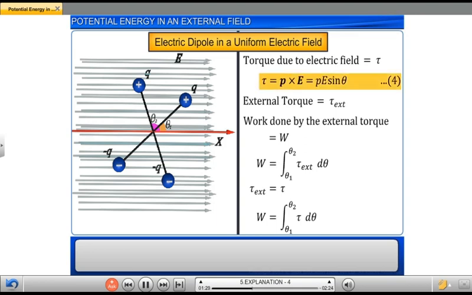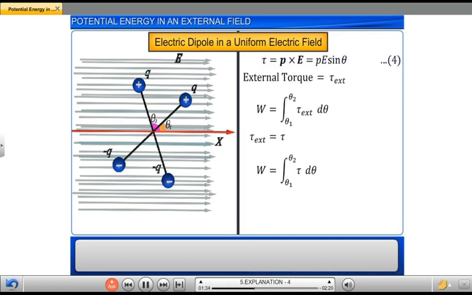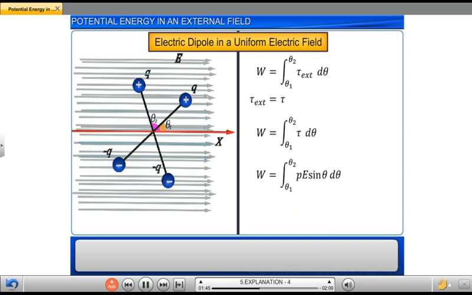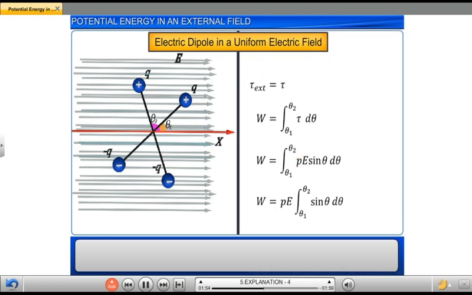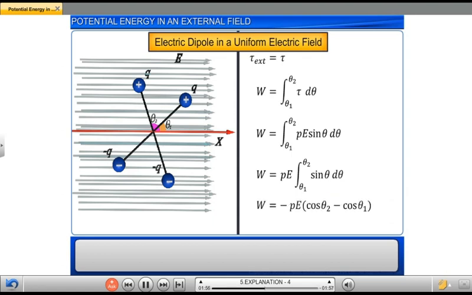Substituting tau equal to P E sin theta, we get W is equal to integral P E sin theta d theta in the limits θ1 to θ2. Since P and E are constant, we keep them out of the integration, and thereby, carrying out the integration, we get W is equal to minus PE into cos theta 2 minus cos theta 1.